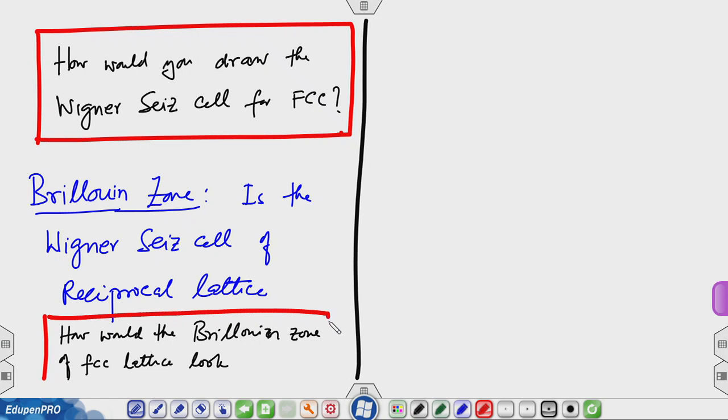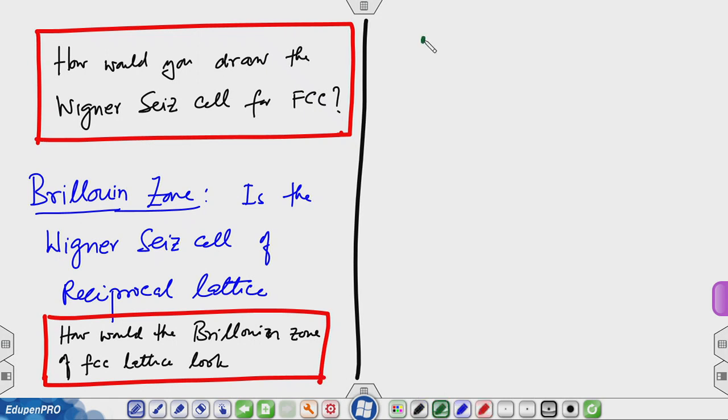So, first you have to realize that an FCC lattice has a reciprocal lattice which is some kind, and the Brillouin zone therefore is going to be the Wigner-Seitz cell of that lattice. So, that is that.